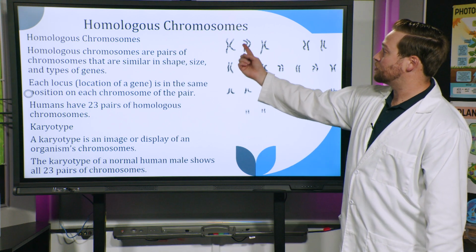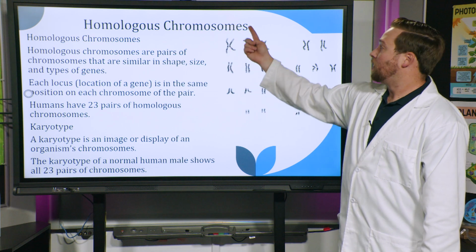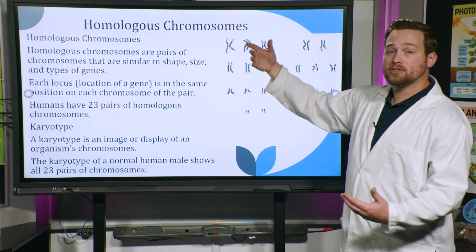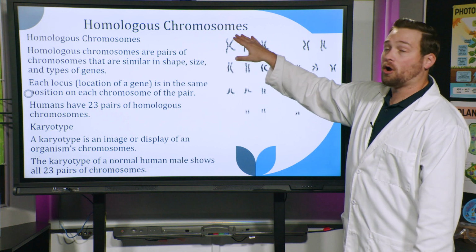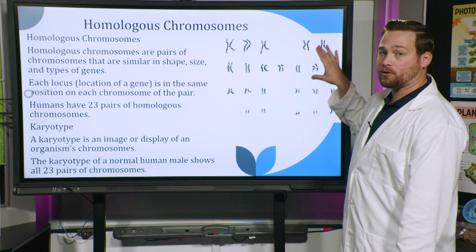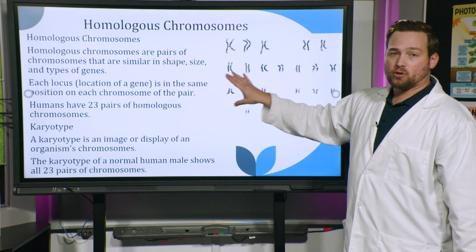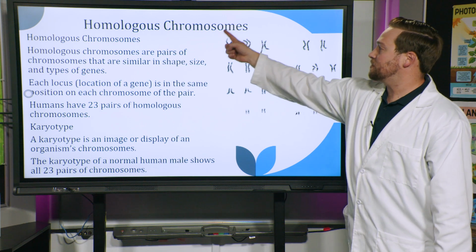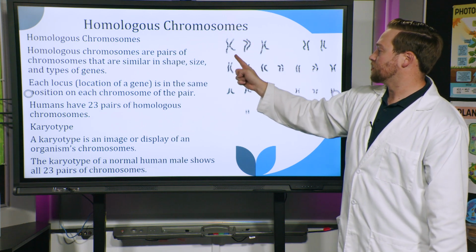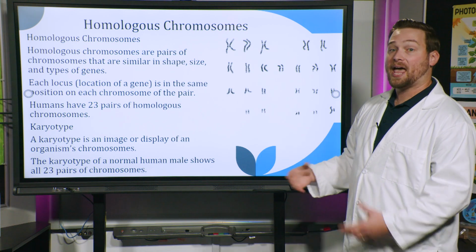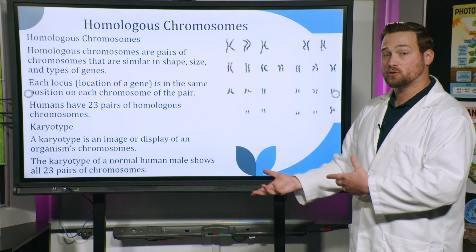And you can see here, this would be the first homologous chromosome, or the first pair of chromosomes. You'll see that they are similar in size, and they would also have the same type of information on them. Now, as you go further down, you'll see that the chromosomes are getting smaller and smaller. This is one set of homologous chromosomes, but we could also come down here and these two little lines represent a different pair of homologous chromosomes.